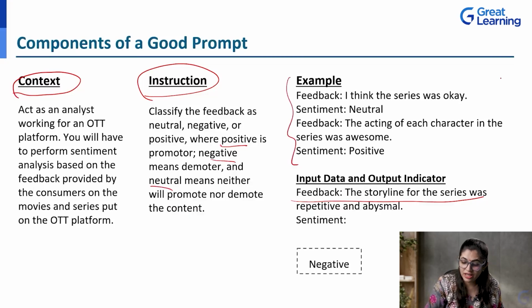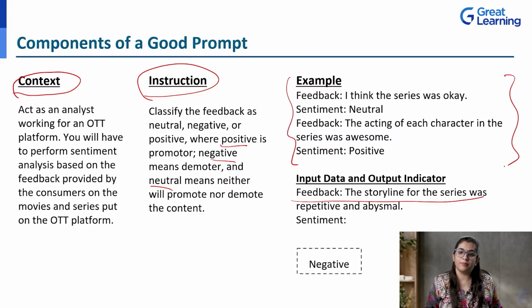Here you are giving examples for the same so that ChatGPT can understand, learn, and then act accordingly. Now, the output for this particular feedback is negative. So, if you copy paste this into ChatGPT, it gives you an output as negative for this sentence.